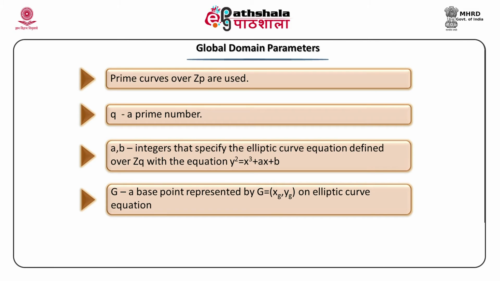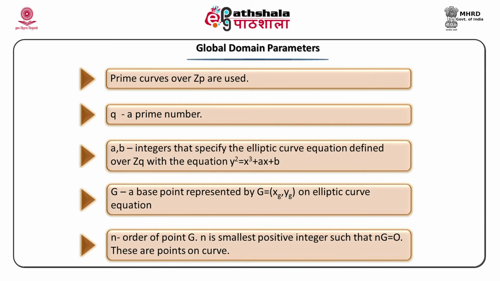So the base point can be considered to be 1 1, that is xg and yg. n is the order of point G, n is the smallest positive integer such that n into G is equal to O. These are the points on the curve.